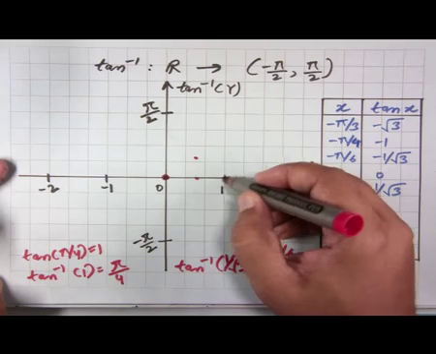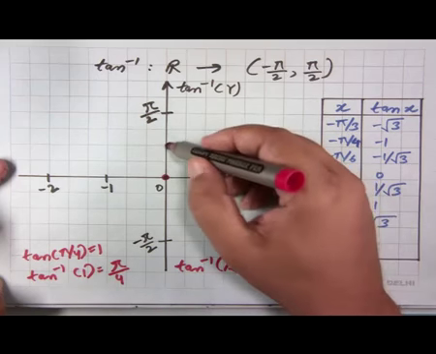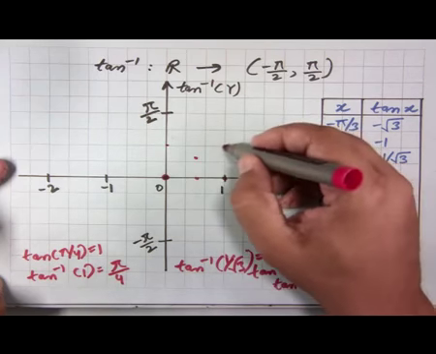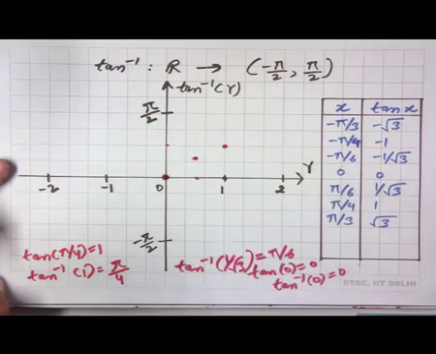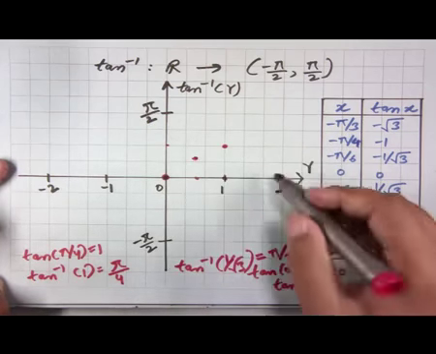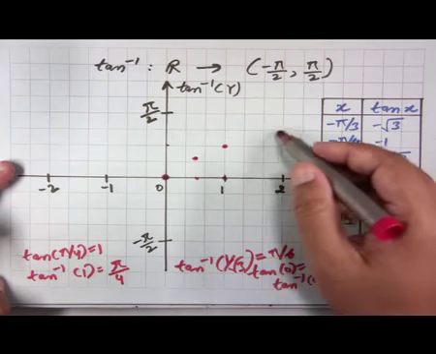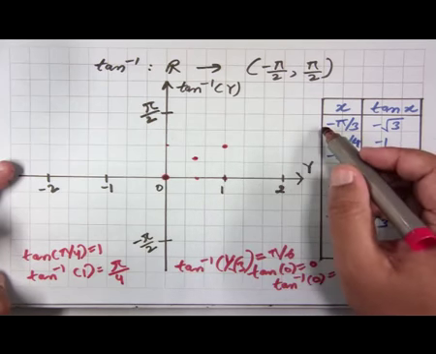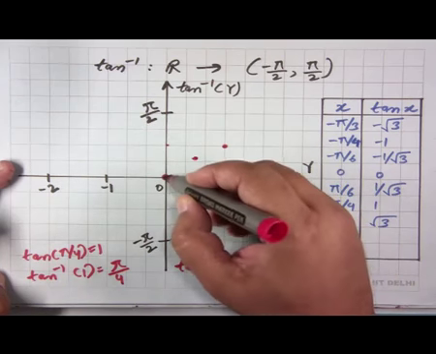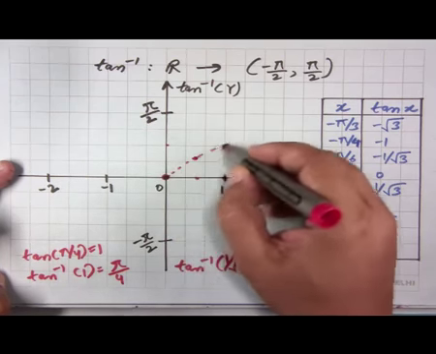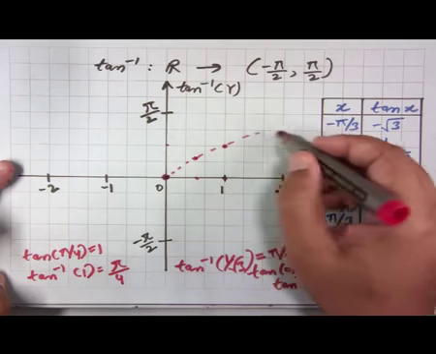So, y equal to 1 is here and pi by 4 is here. So, we have this point on the graph. And similarly, we can plot the other points also. So, what we will end up getting is some curve like this.